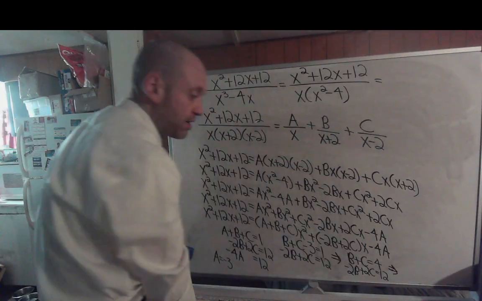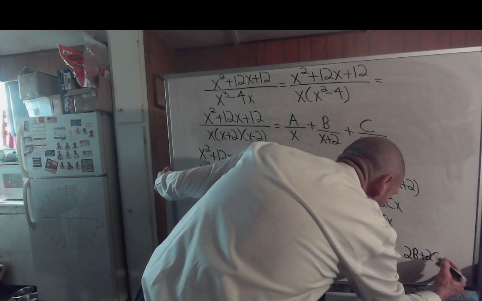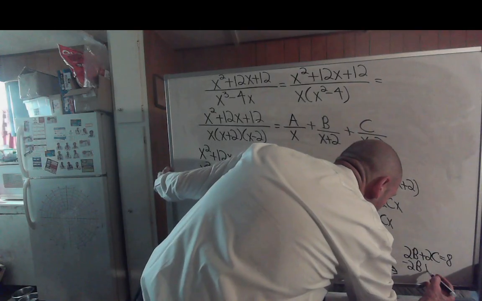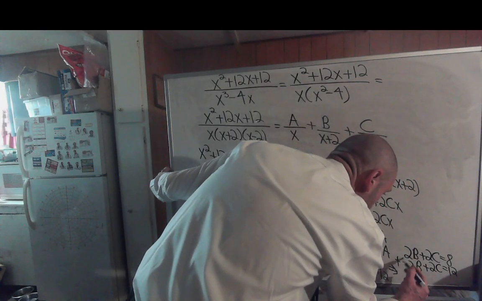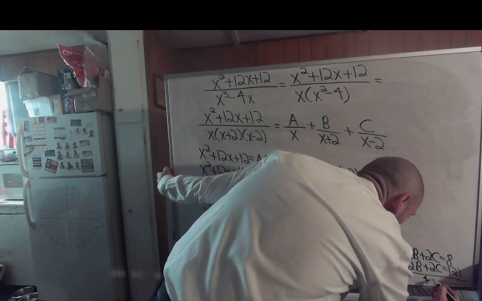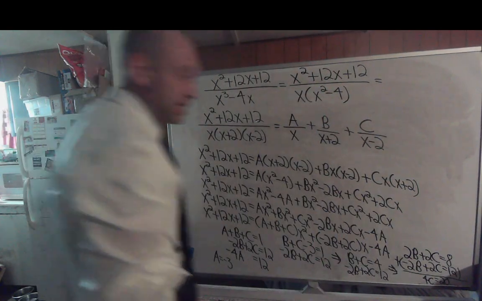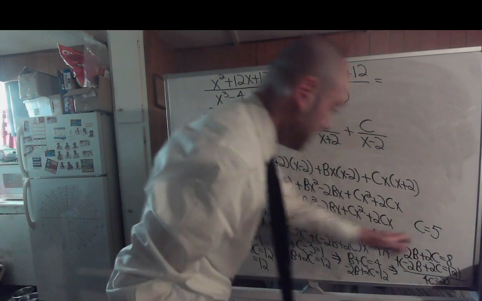So let's go ahead and do that. Sorry, I'm running out of room. So that would turn into 2b plus 2c equals 8, and then negative 2b plus 2c equals 12. Now all I got to do is add these two equations together. The b's are gone. I get 4c is equal to 20, which means c equals 5. So I got a, I got c.